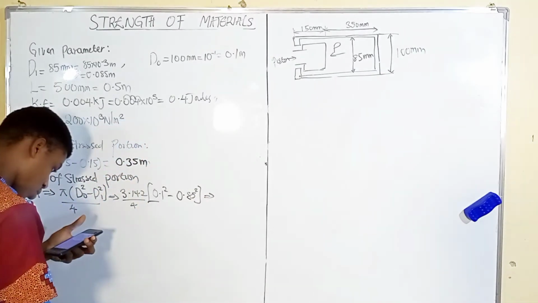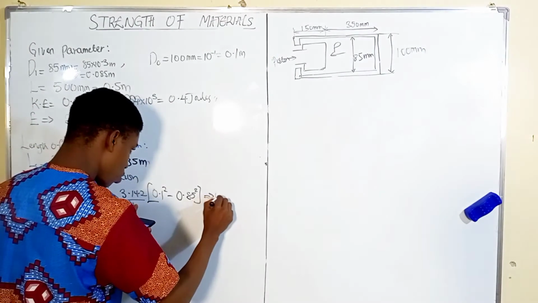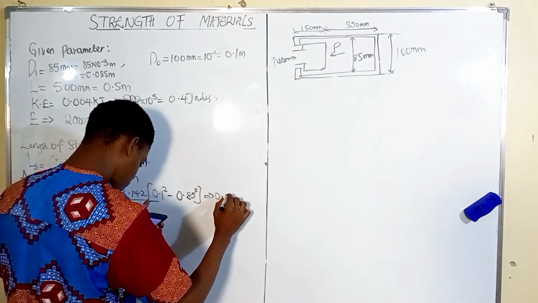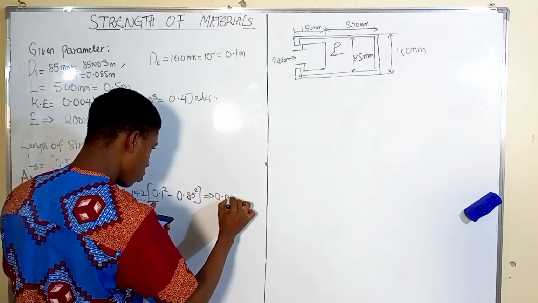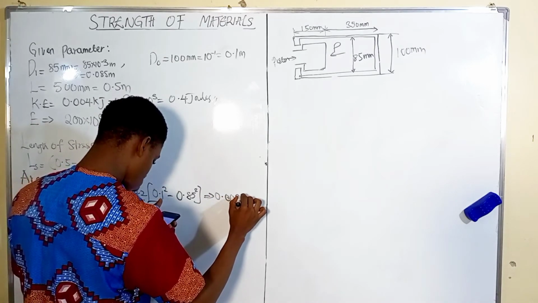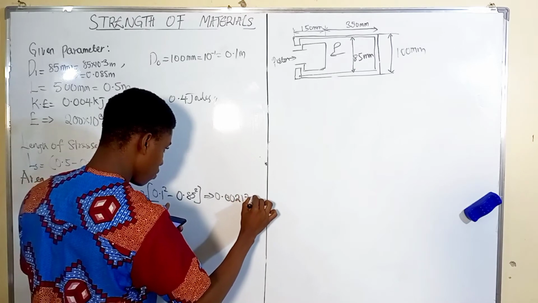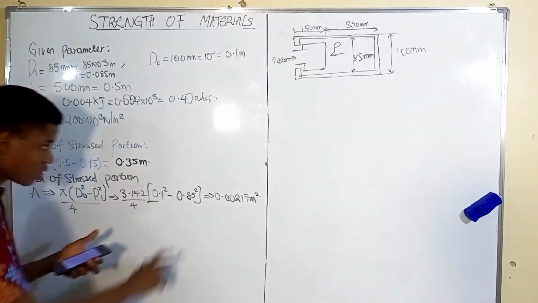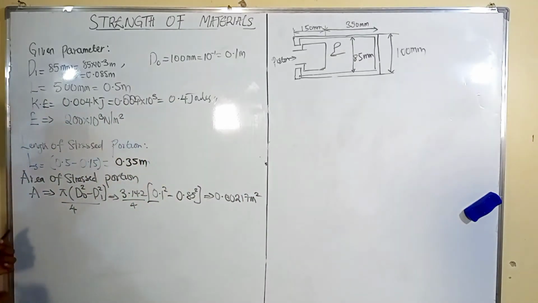Now this will give us 0.00217 meter square.